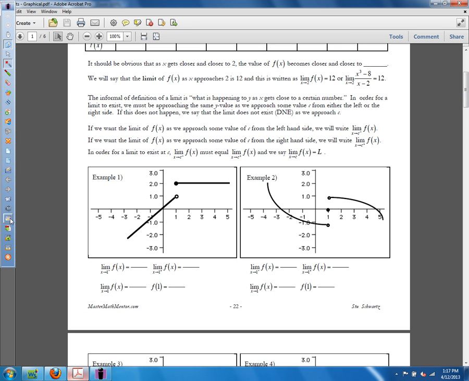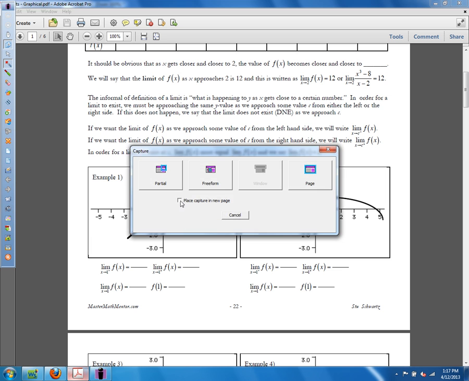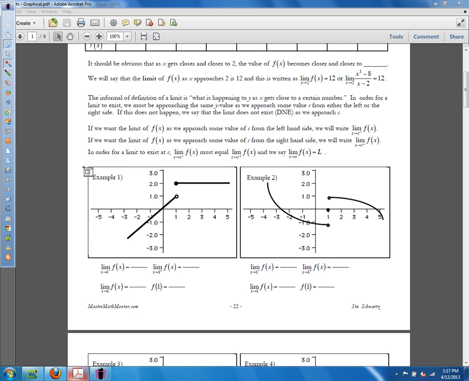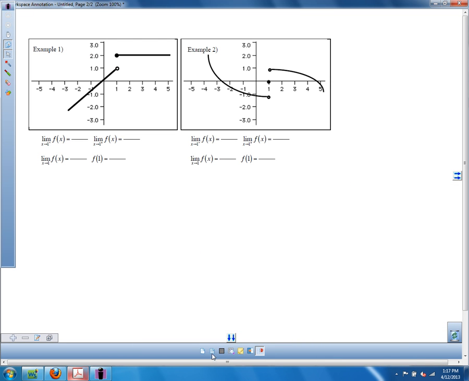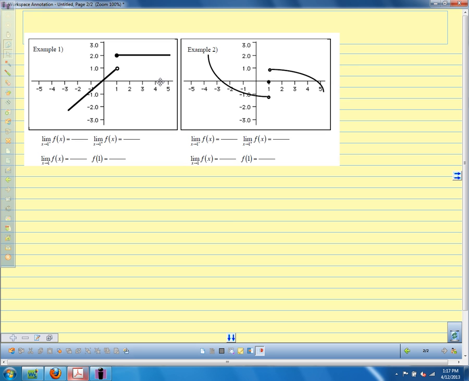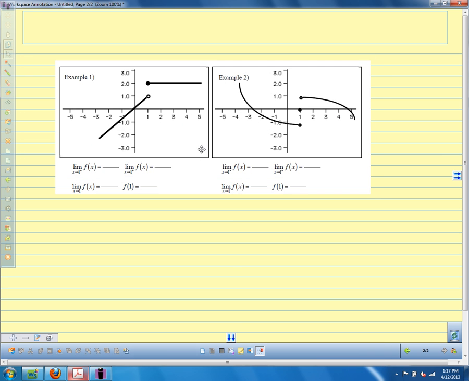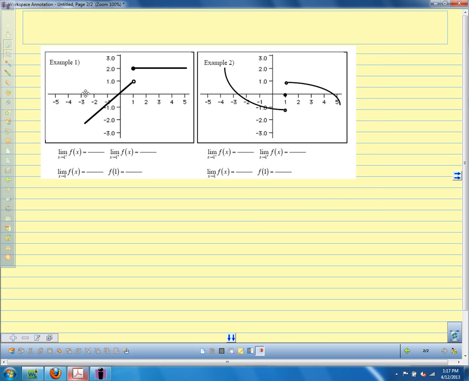We'll look at these first two examples and then we'll look at a few more. Those are the first examples on your page there.